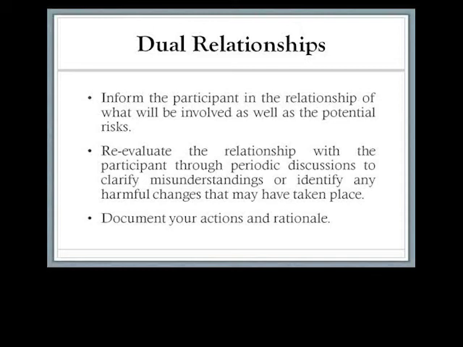You should reevaluate the relationship with the participant periodically. So if you have entered into a dual relationship, you should plan to periodically reevaluate and discuss or clarify misunderstandings that may have come up, and any changes to the relationship that have occurred as a result of this situation. And always throughout, you should document your actions and rationale.